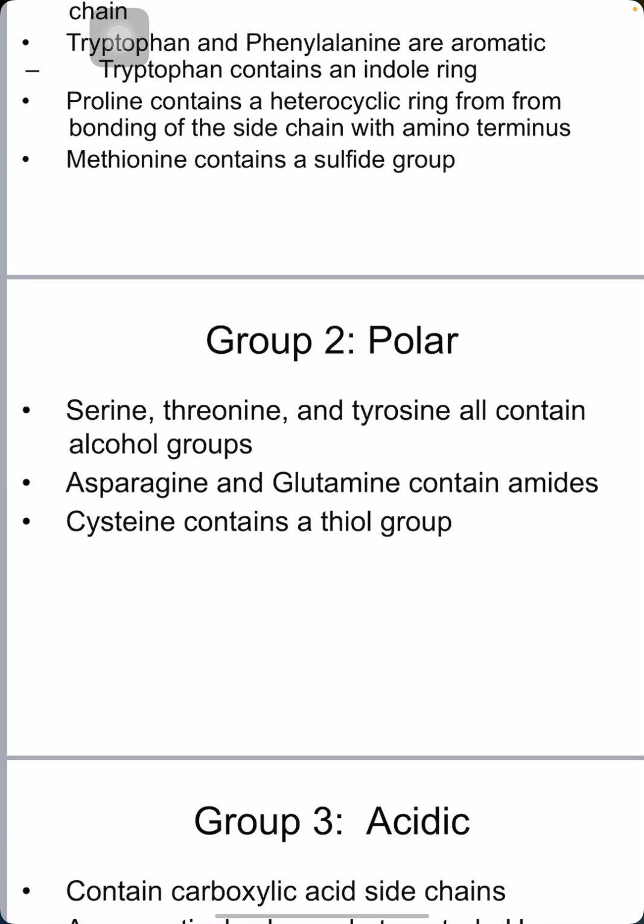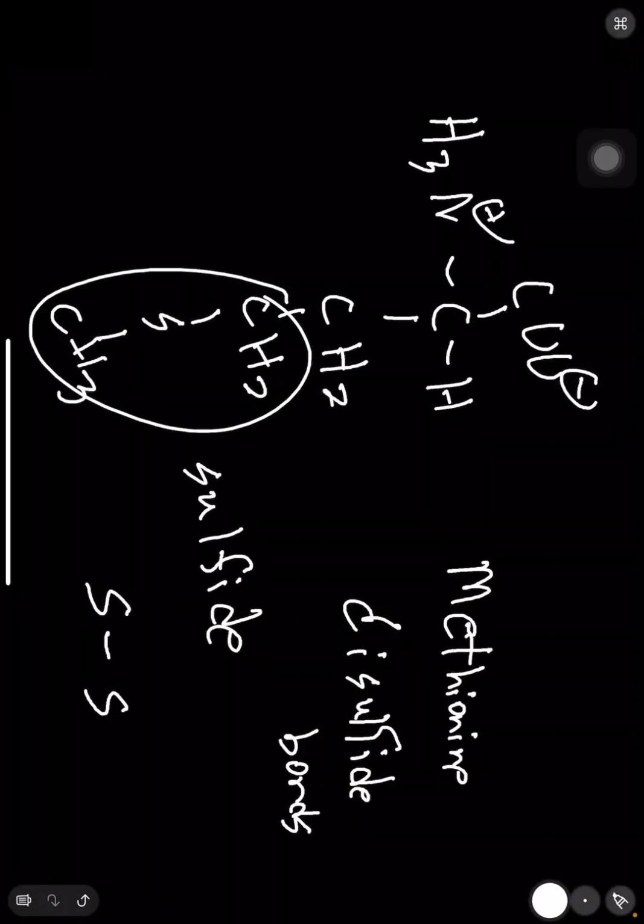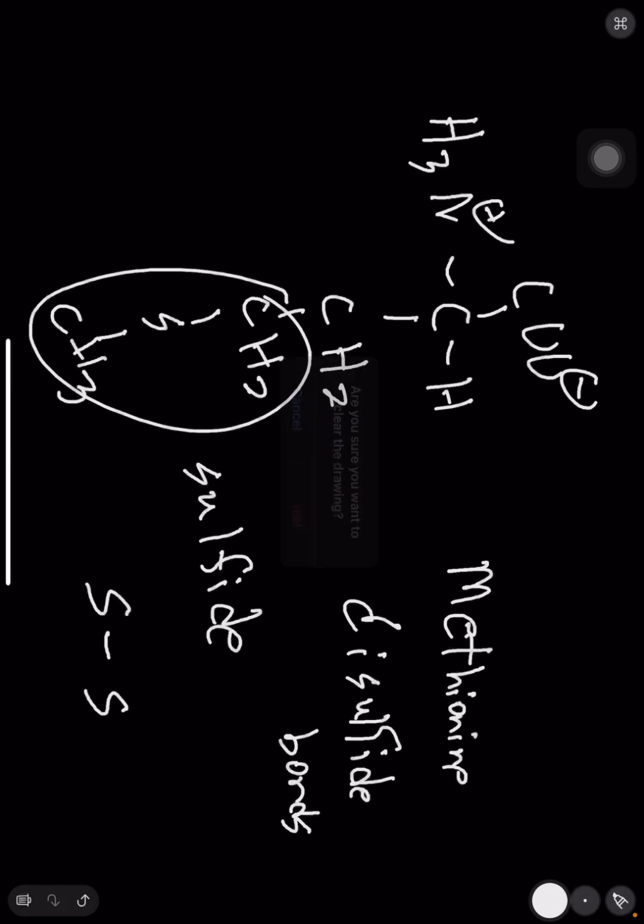Cysteine is the other sulfur-containing one I want to highlight here. That's interesting. If methionine is capable of making some disulfide bonds, cysteine is especially capable of it.